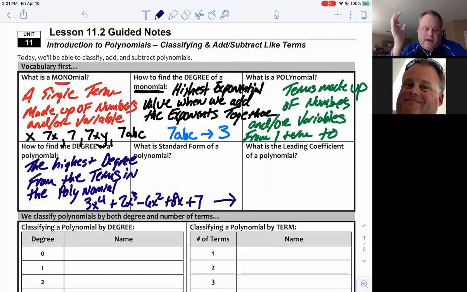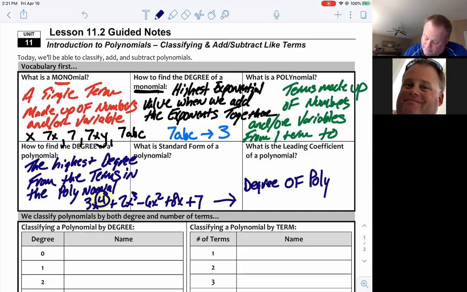This power of 4 is going to be my highest degree. So the degree of this polynomial is 4, because that is my highest power present. There isn't anything to add up because each one of these is separated by an addition or subtraction.